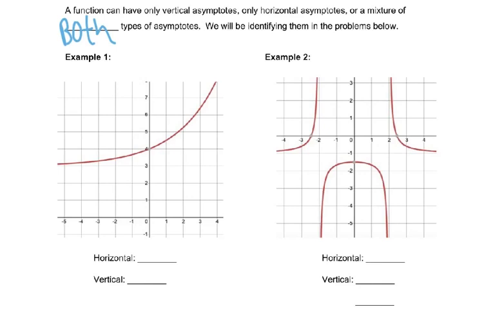So, example 1. I see a pretty obvious horizontal asymptote right here, and that is going to be at y equals 3. So for horizontal asymptotes, we want to use y equals and the number that it goes through.